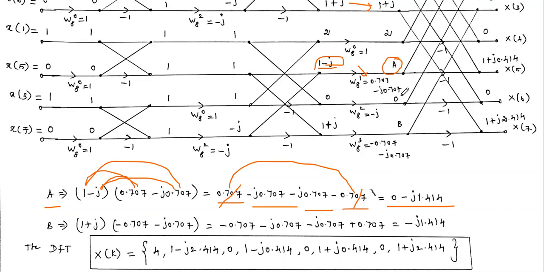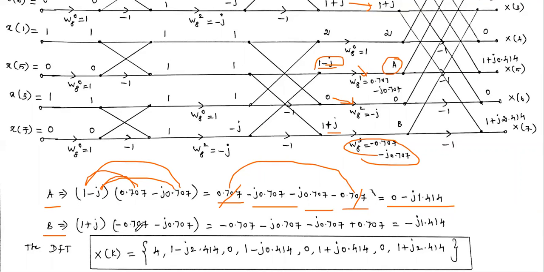Then similarly in this node, here 0 is available, and 0 multiplied with any value is 0. Then similarly here you see 1 plus j multiplied with this twiddle factor. This answer I take as B, calculated separately.